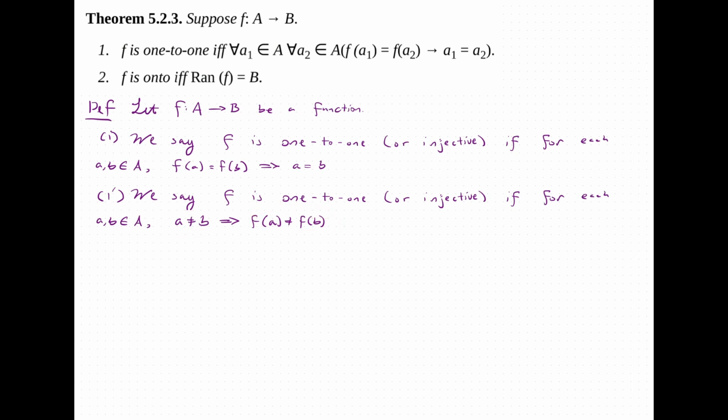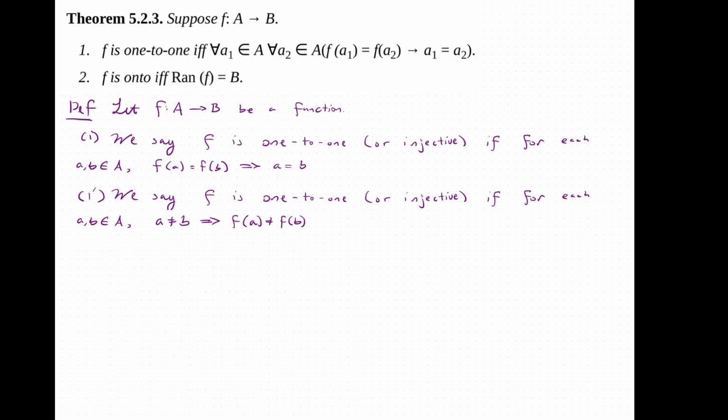So in a moment when we do get into proving statements, just keep in mind that whenever we want to prove that something is one-to-one, we have two ways of approaching it. We can start with f of a equals f of b and show that a is equal to b, or we can start with a does not equal b and then show that f of a does not equal f of b.